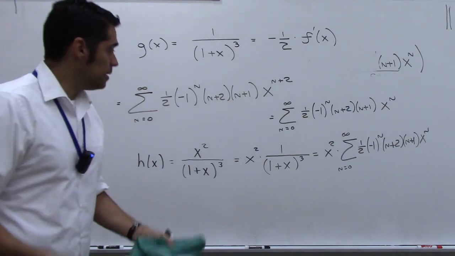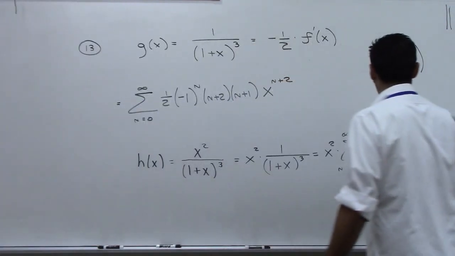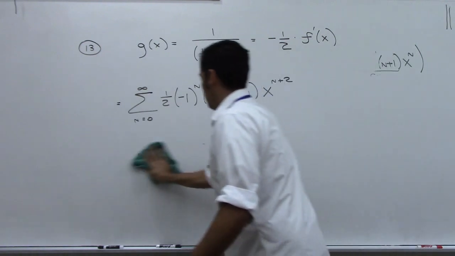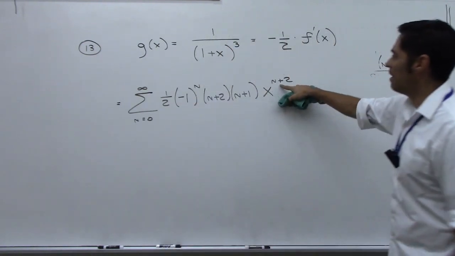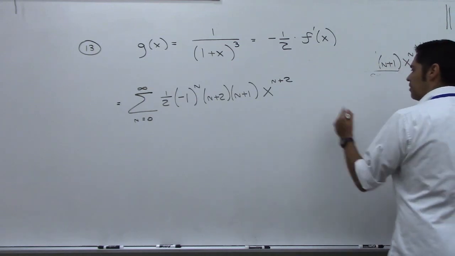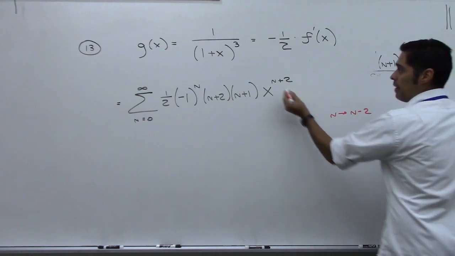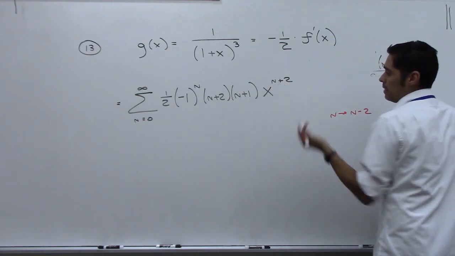Now, if you want to try, I mean, this is fine, but if you want to try and rewrite this so that this is x to the n instead of x to the n plus 2, you're going to have to replace your n's with n minus 2's. So if I put n minus 2 in here, this will be an x to the n.